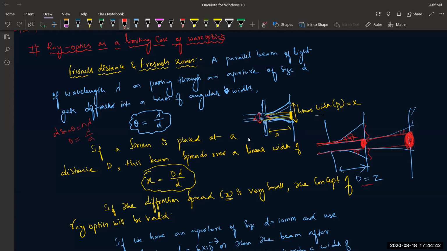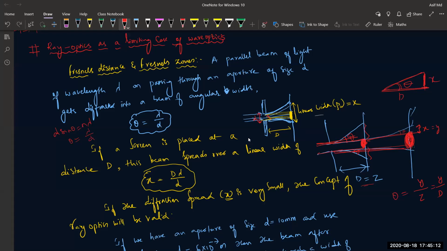From here it came. If the screen is placed at a distance capital D, this beam spreads over a linear width, which we take as x, or sometimes we also represent it by y. This distance is capital D. So tan theta is equal to y by z, or you can write y by D. So from here to here, this distance is capital D, this is the linear width x, and this is making an angle theta.